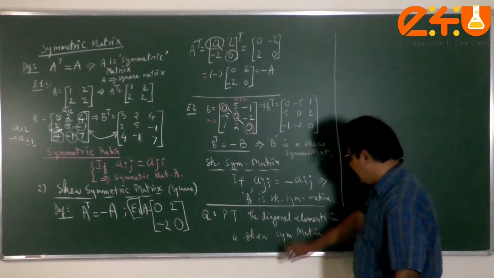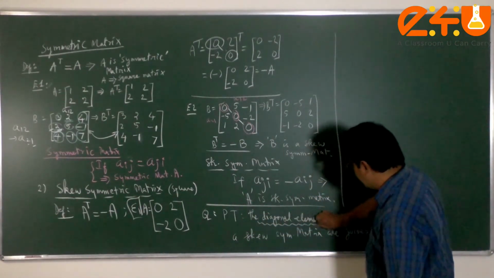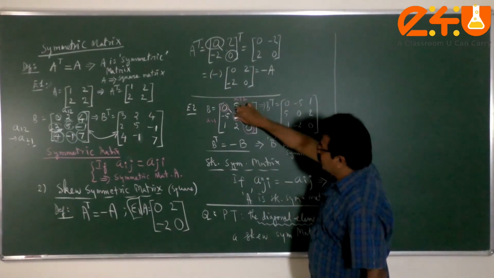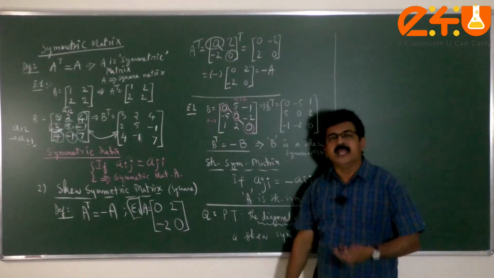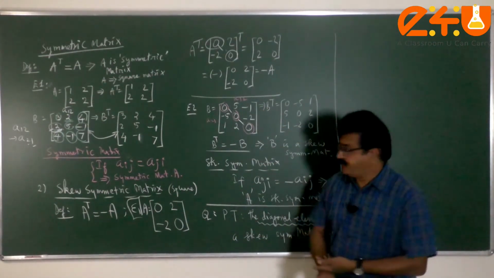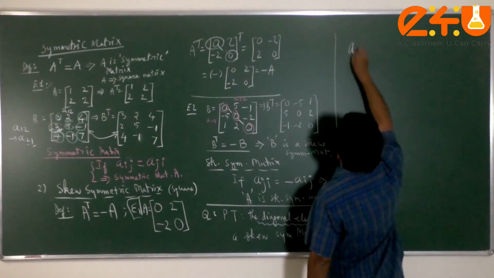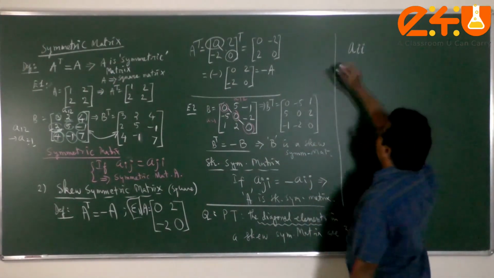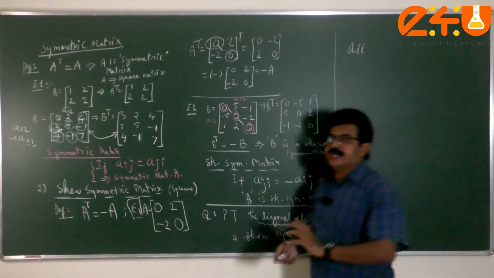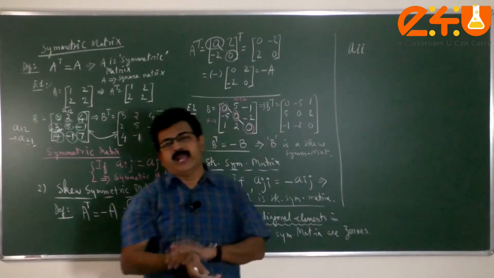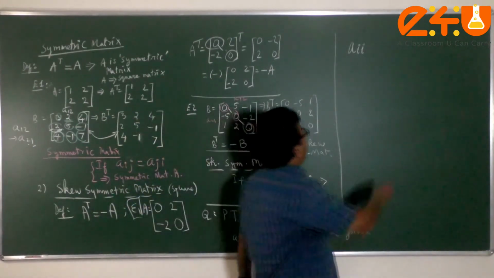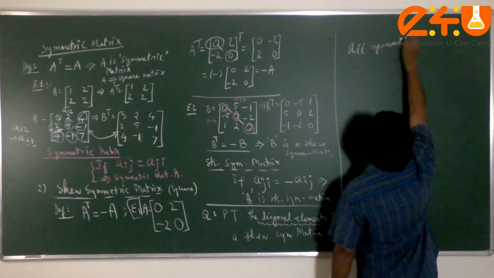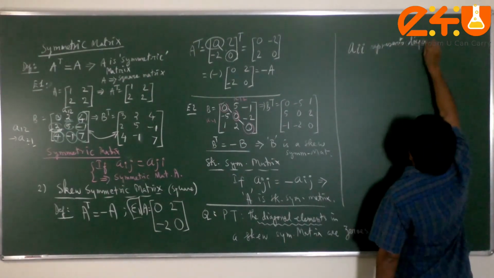And students are very familiar, how do you write the address of a diagonal element? Diagonal in a square matrix, position 1 1, position 2 2, position 3 3 or 4 4, they represent the diagonal elements. I am not going for 1 1, 2 2 like that. I want to make a generalized notation for a diagonal element. So how do I do it? Aii represents a diagonal element.